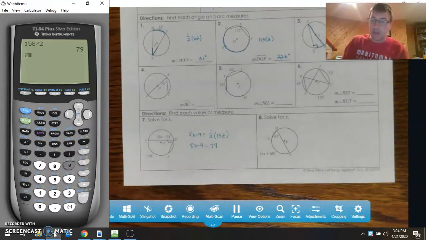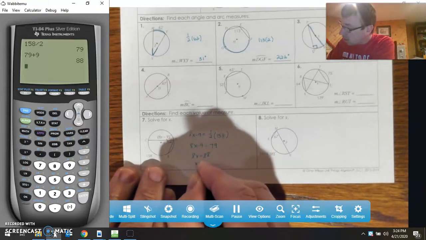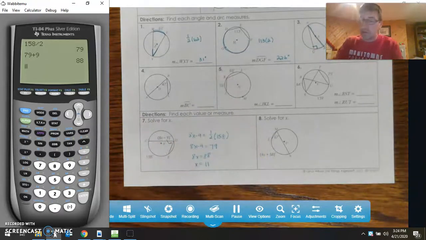So if I take 79 plus 9, I get 88. Divide that by 8, x will be 11. That's where our math comes in.